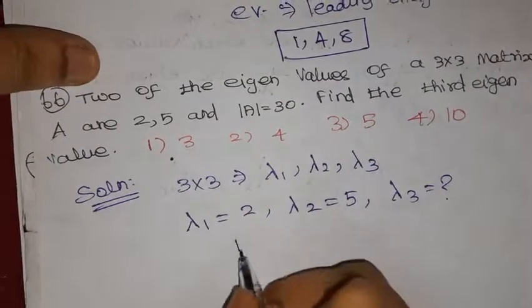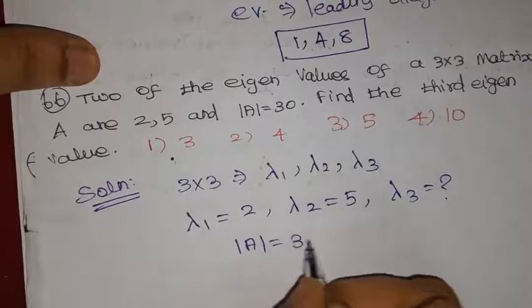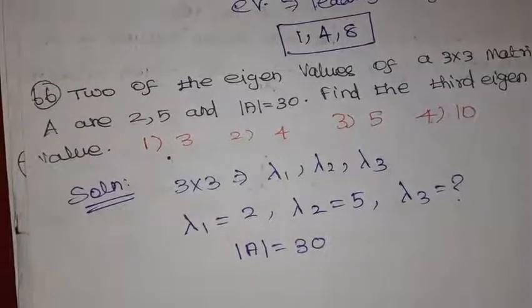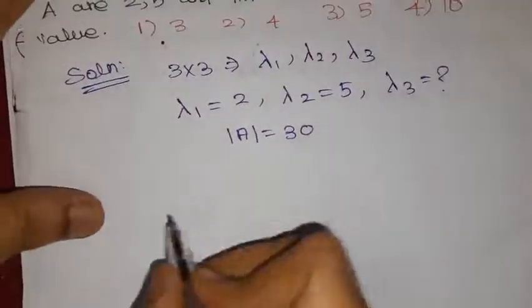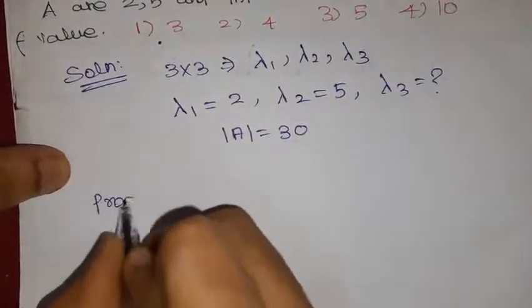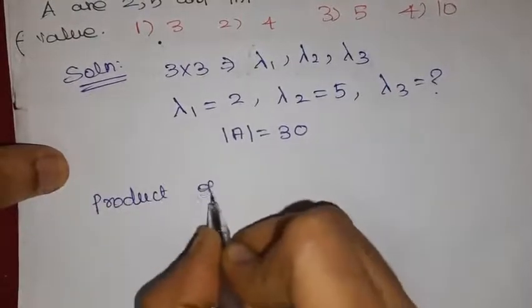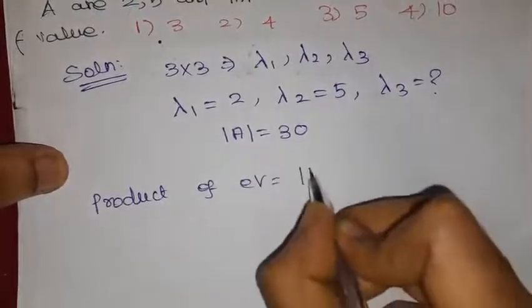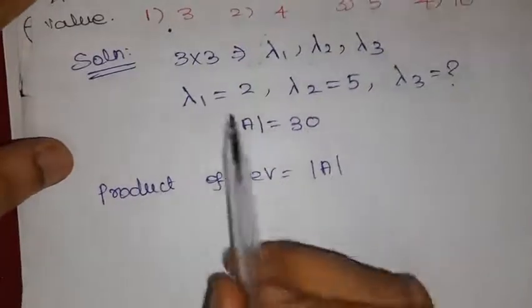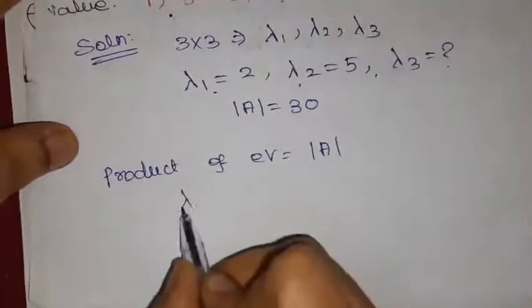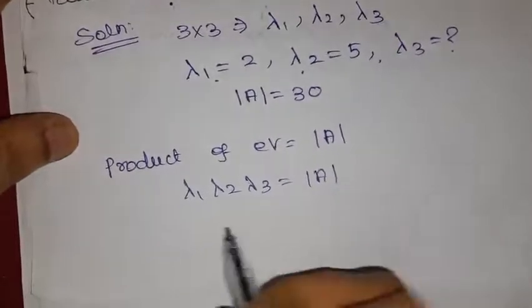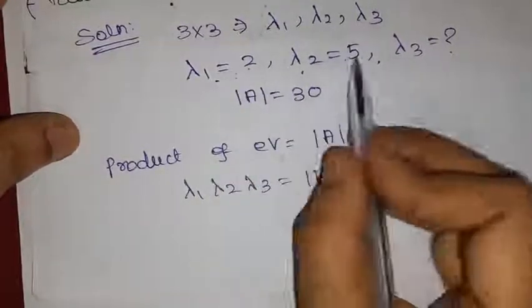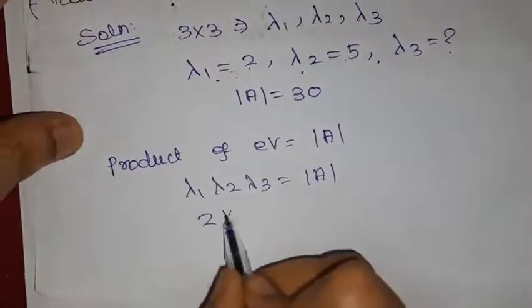And also, what is given? Determinant of A equal to 30. We know one of the properties of eigenvalues which is related to the determinant of A. Product of eigenvalues is equal to determinant of A. So, lambda 1, lambda 2, lambda 3 equal to determinant of A. Just substitute the values for lambda 1, lambda 2, 2 into 5.